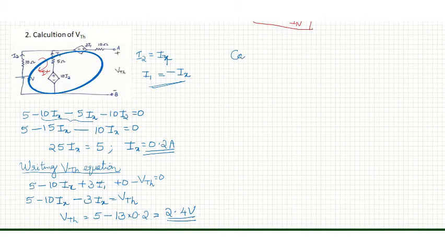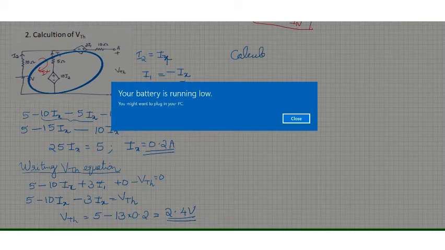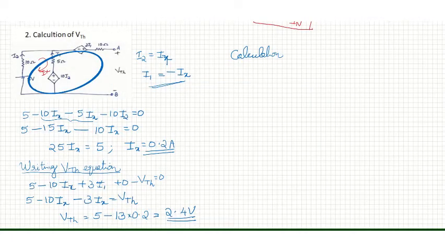Now calculation of Rn. Rn is equal to Vth by IN. Vth we got as 2.4 divided by IN, which we already got as 0.25.